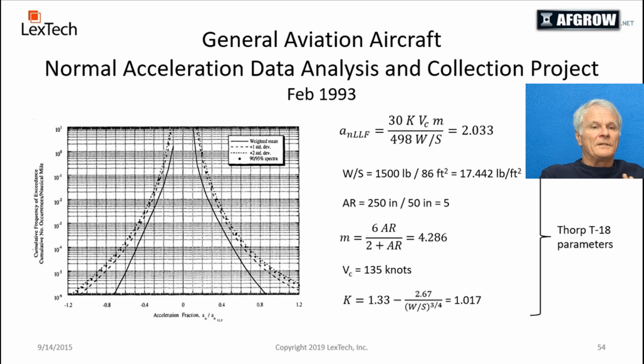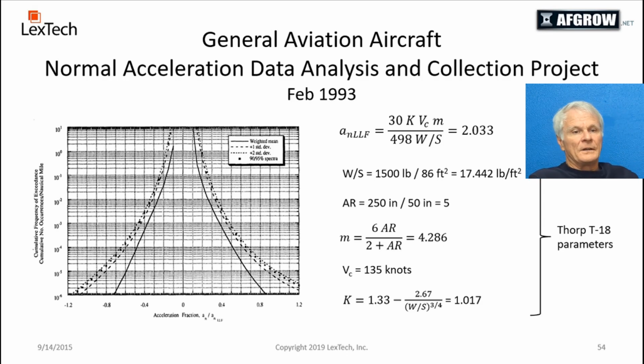And I also took these data and compared them to the general aviation aircraft information from the FAA. That was a publication for normal acceleration data, published in February of 1993. Everything was in terms of the normal acceleration load limit factor, and for my airplane that comes out to be 2.033.